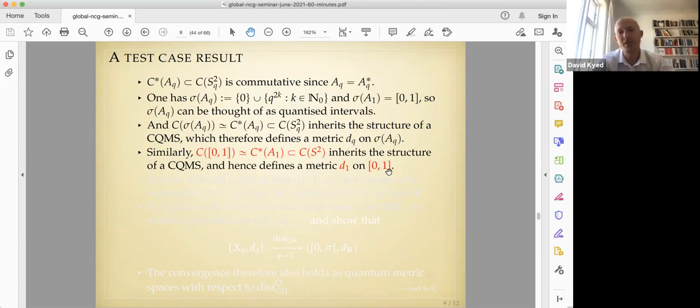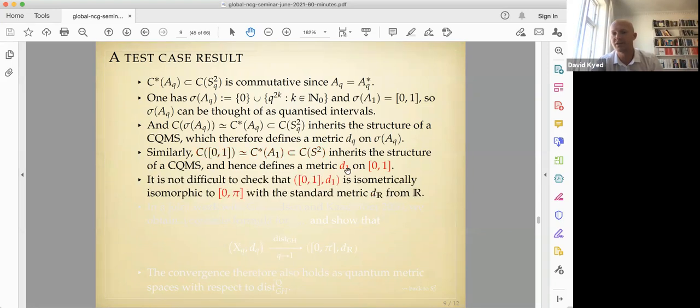All right. But this metric D_1 will not be the ordinary Euclidean metric because it, of course, comes from the round metric up on the 2-sphere, and therefore it turns out, and it's not too difficult to show, that the metric space that you get here is isomorphic to the interval from 0 to pi with the standard Euclidean metric.